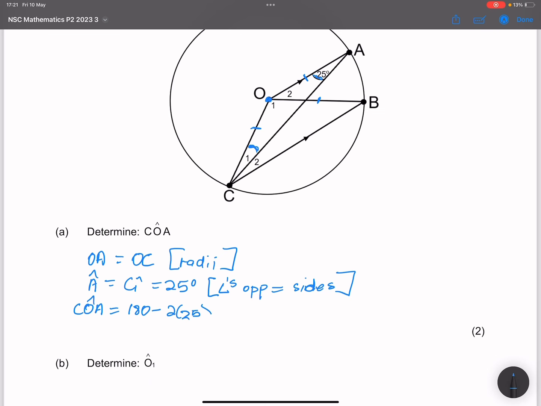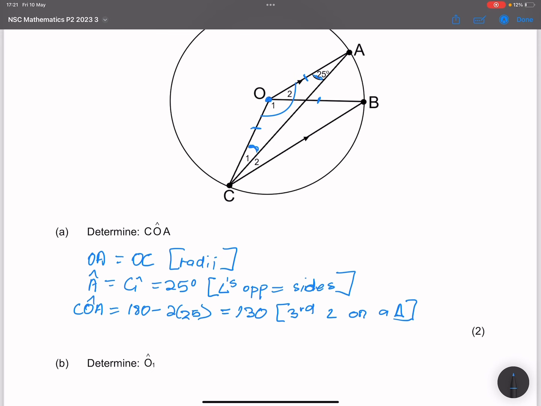This is the third angle on a triangle, which means that COA is equal to 130, right? So we've got that COA there. That guy is 130 degrees, the whole of that angle.